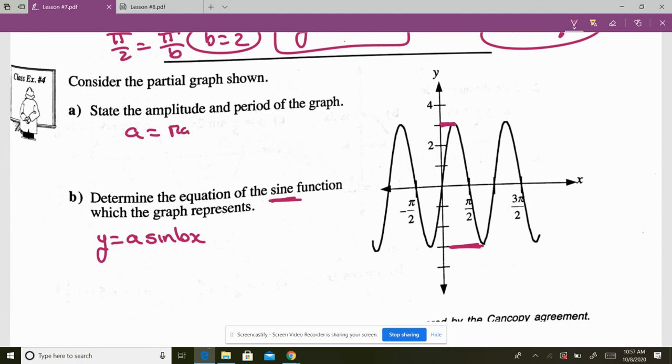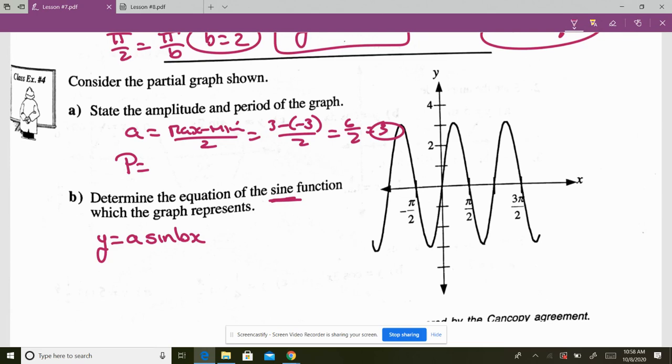Could go max minus min over 2 if you wanted. So it'd be 3 minus -3 over 2. 6 over 2, you get 3. Okay. What's the period of this graph? The peaks and the troughs don't occur at nice numbers, or they're not marked.